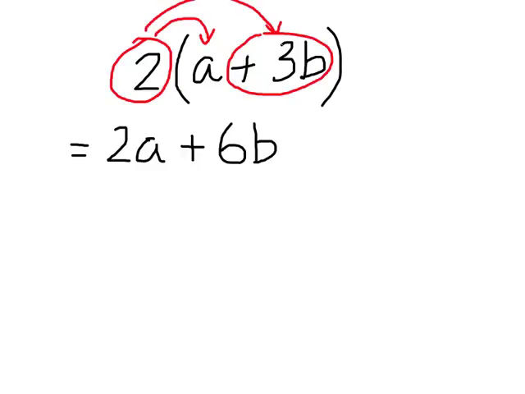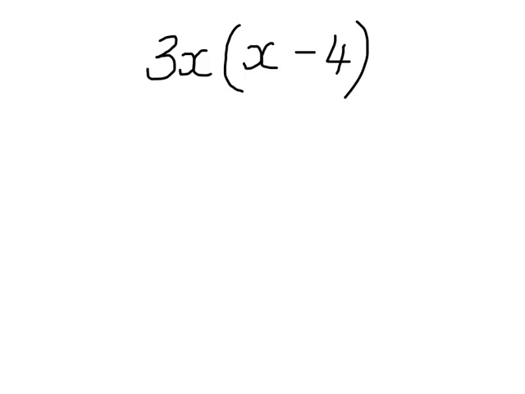Now we're going to move on to some different examples, and we're going to do the same process. So here we've got a very similar example, 3x outside of x minus 4, and we're going to do exactly the same procedure. So we're going to multiply the term outside of the brackets by each term inside the brackets.